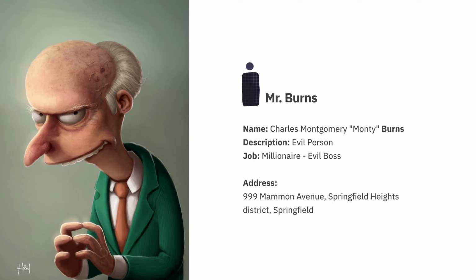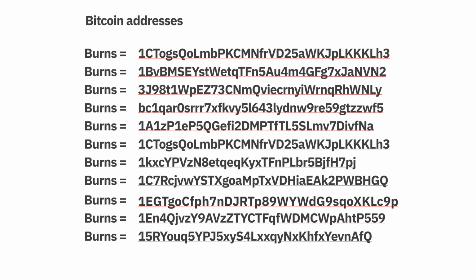Let's start with this example of Mr. Burns, someone that we want to make a payment to. How do we do this? The usual way with Bitcoin is that Mr. Burns has a bunch of different Bitcoin addresses. In practice, Mr. Burns needs to give us an address that we have to copy and paste, or maybe if we're lucky, scan a QR code, but that usually only works if we're there in person.